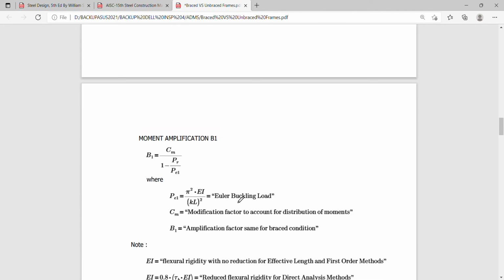So the moment amplification B1 is therefore computed on the basis of this formula as derived on our previous discussion. Taking note that the only difference is that PR here represents both LRFD PU and 1.6 PA for ASD. Okay, so this is the LRFD and this is the ASD.